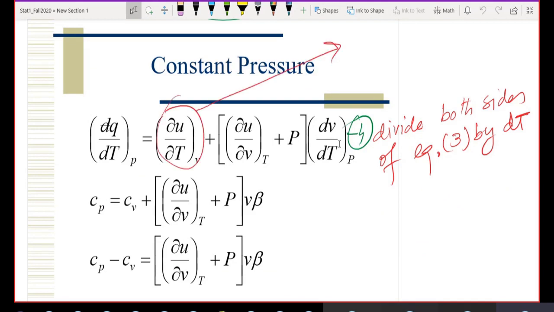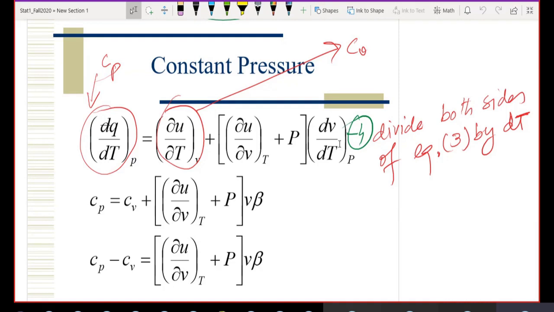You just defined it like 2 minutes ago, you said that this is your CV, first term, and you can define other terms also. The term on your left hand side, this is your CP, because this is the heat you are adding at constant pressure, because there is no term that contains dP here.